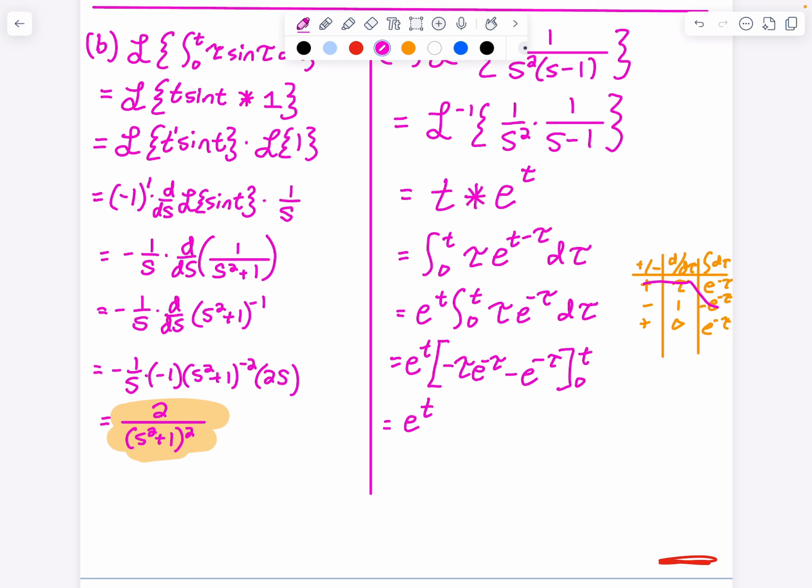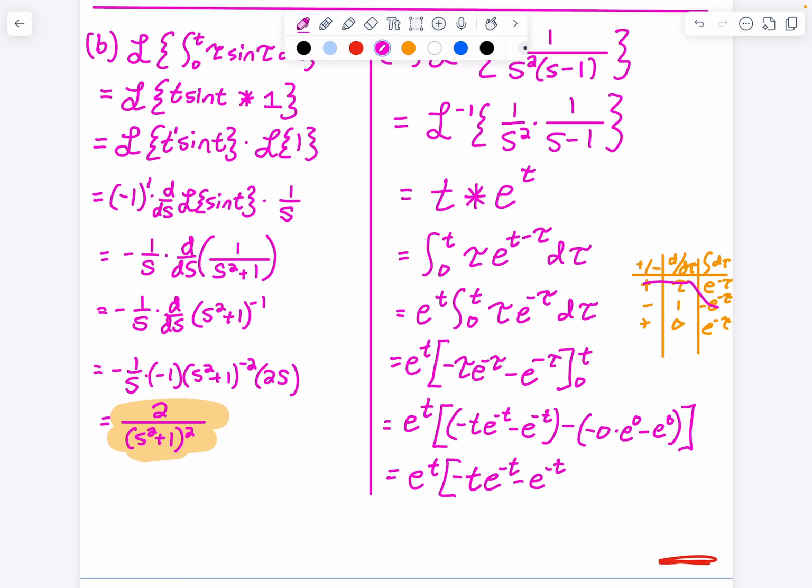All right. Once we plug this in, simplify, we'll be at our expression. So this is going to be negative t e to the negative t minus e to the negative t minus negative 0 times e to the 0 minus e to the 0. So this is e to the t. And we get negative t e to the negative t minus e to the negative t, and then a plus 1.